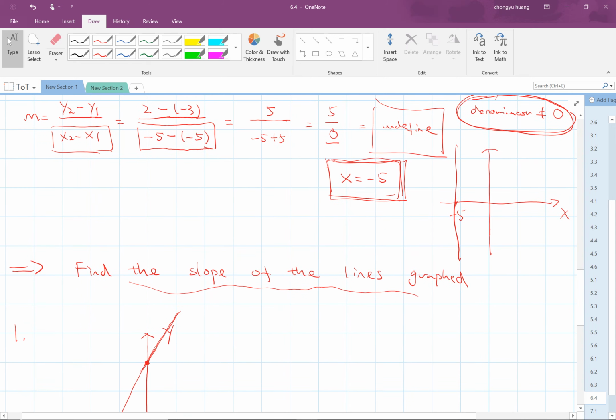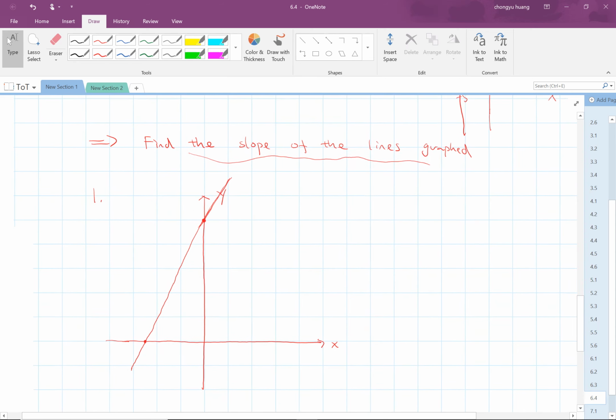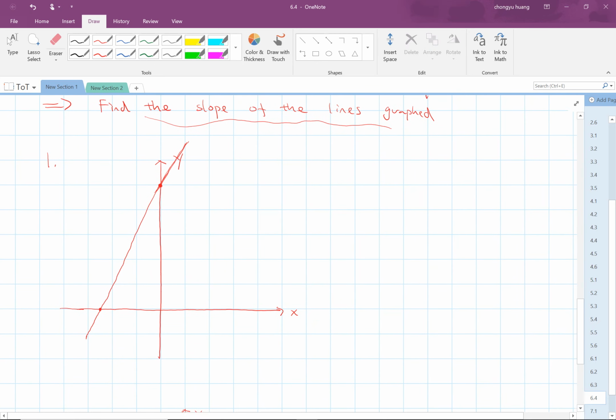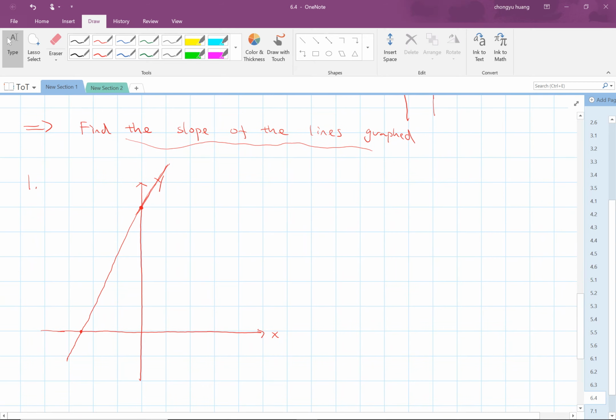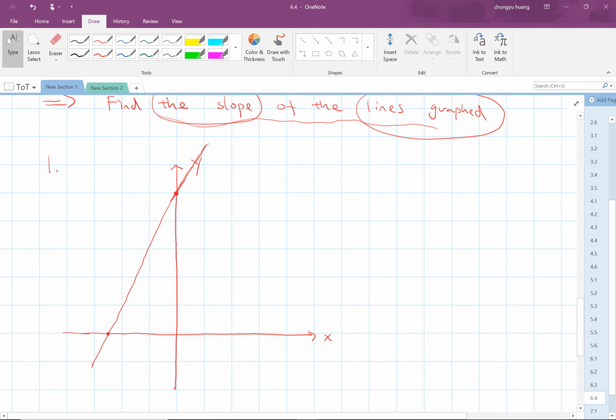Okay, so let's move into the second part. This is a different kind of question. Here we still want to find the slope of the line in the graph below.